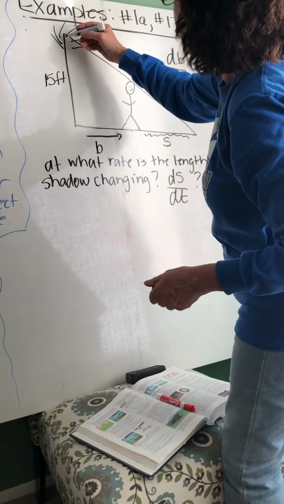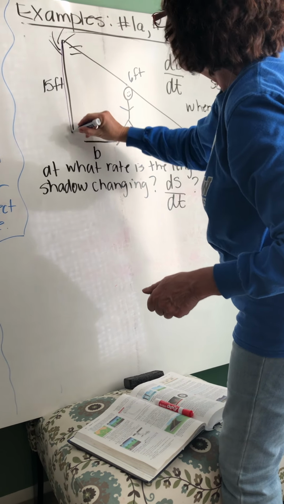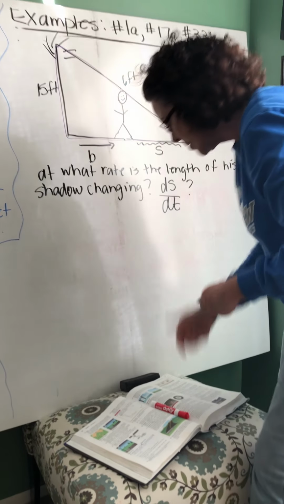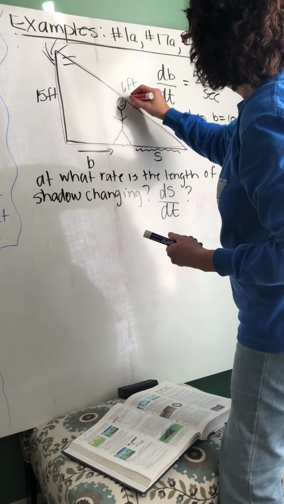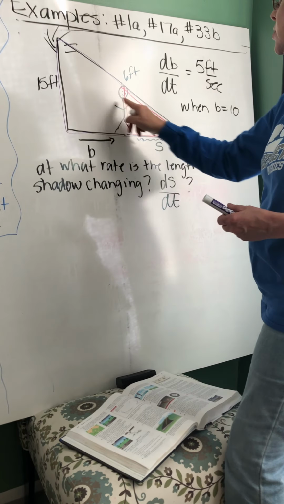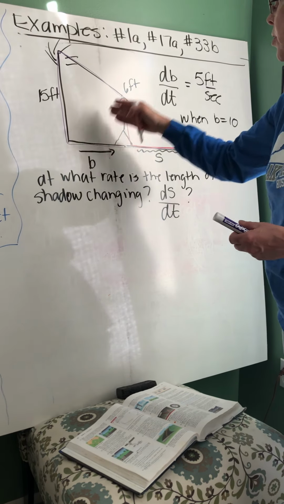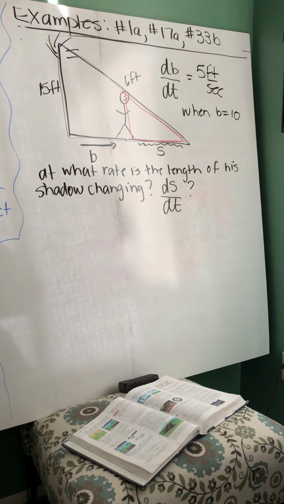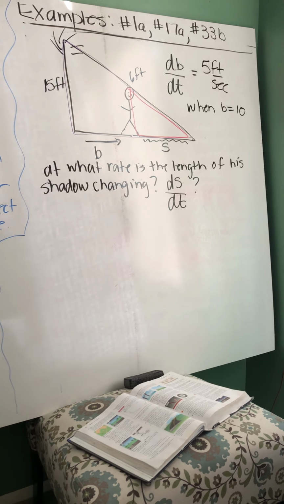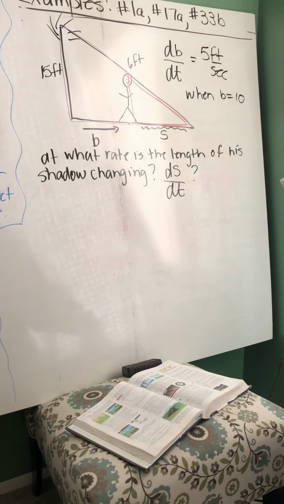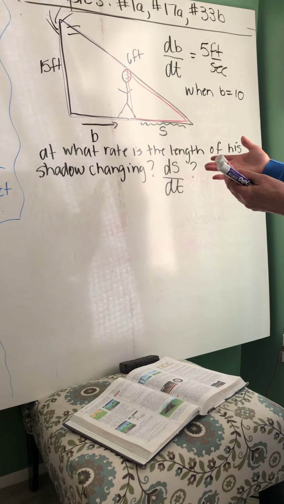Here's this large triangle in purple, and here's this small red triangle. And because these two lines are parallel, they're both vertical measures, the purple and the red triangle are in proportion, so their sides are in proportion to each other. So what is my formula I'm going to write?